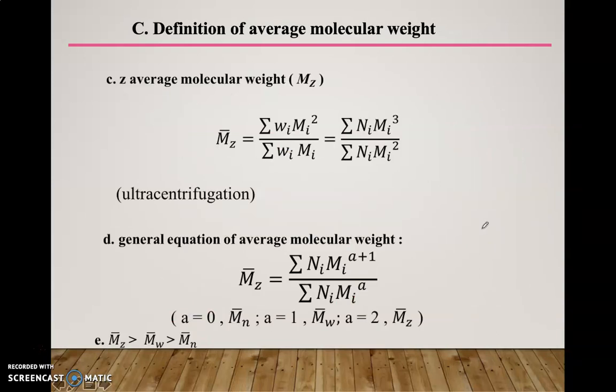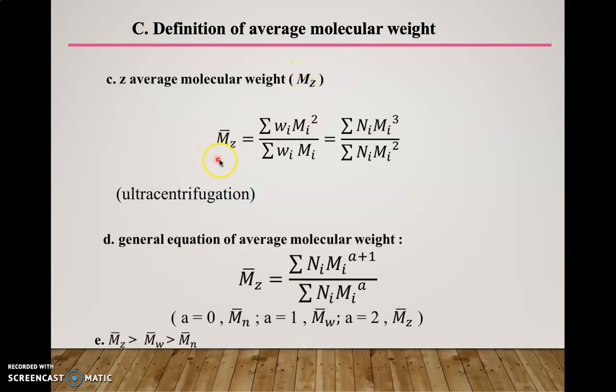Apart from that, we have another average molecular weight, which is called the Z average molecular weight, represented by Mz. Here we have a bar over it to represent the average.